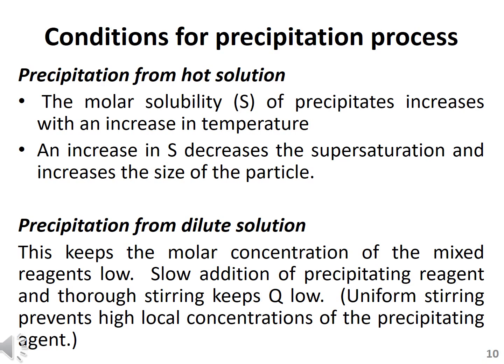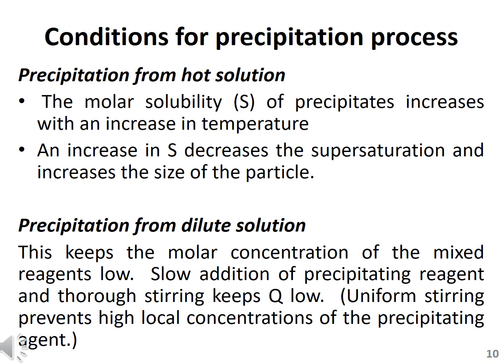So in dilute solution, the slow addition of precipitating reagent and thorough stirring keeps Q, the value of Q, low. So uniform stirring prevents high local concentration of the precipitating agent.